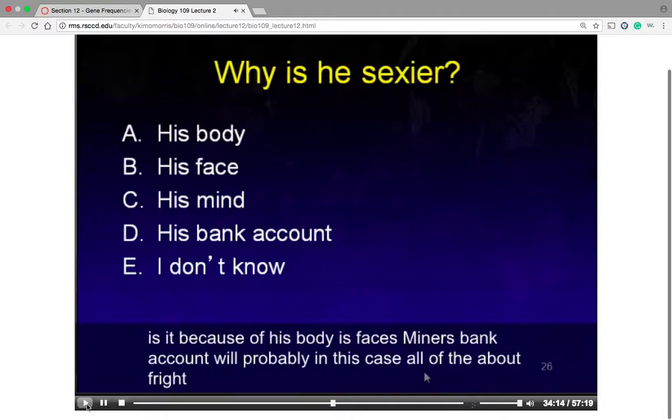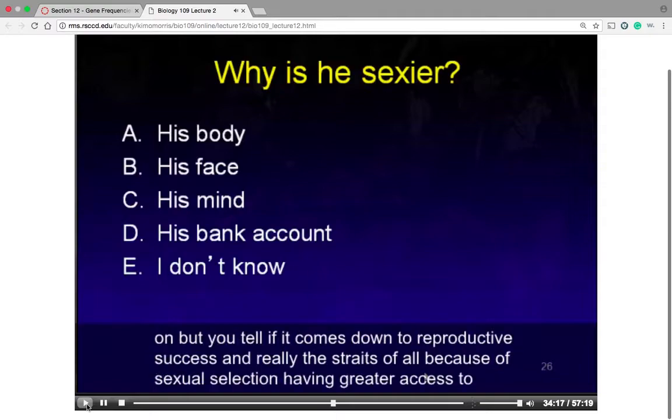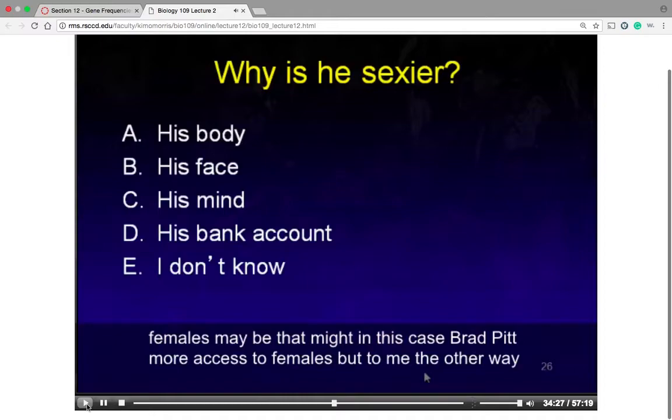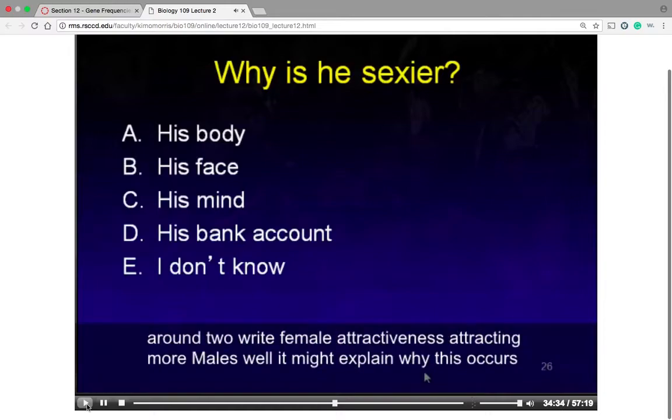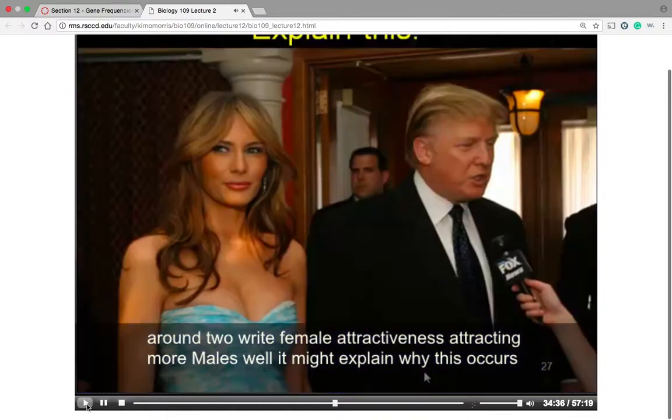Well, probably in this case, all of the above, right? But if it comes down to reproductive success, and these traits really evolve because of sexual selection, having greater access to females, in this case Brad Pitt, more access to females, but it can be the other way around too, right? Female attractiveness attracting more males.